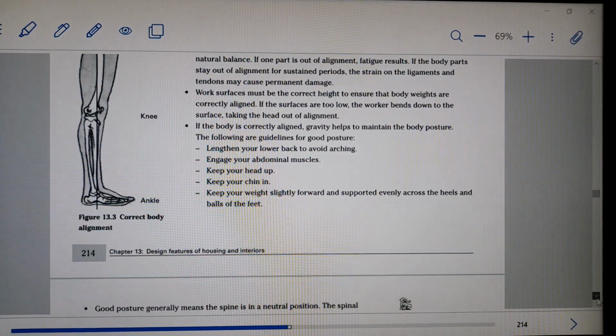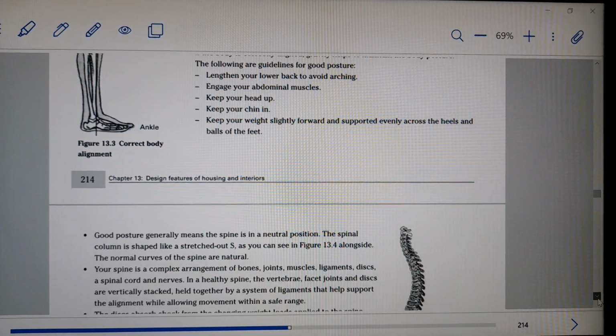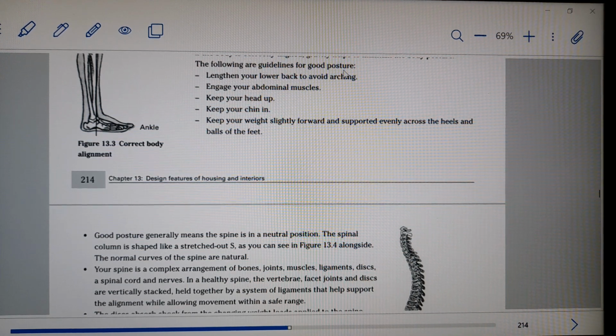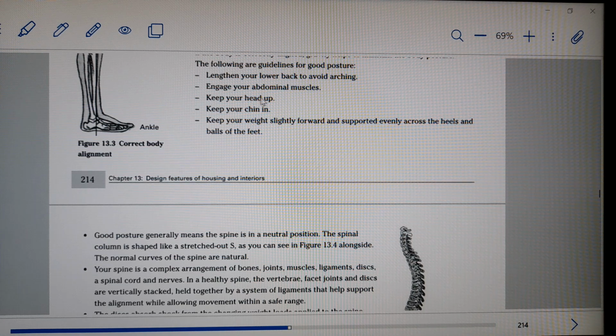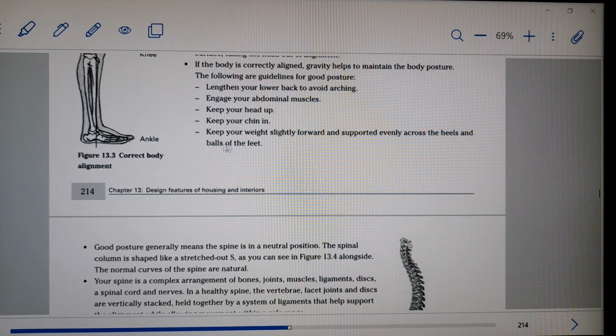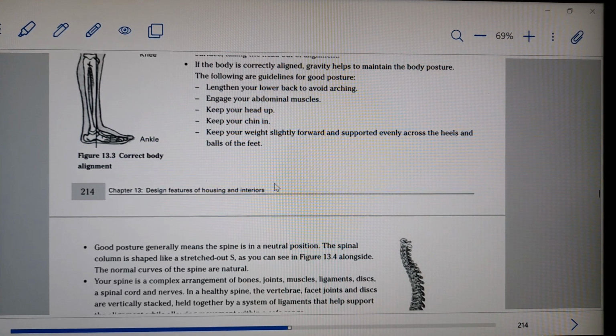Now, let's look at the guidelines for good posture. Lengthen your lower back to avoid aching. Engage your abdominal muscles. Keep your head up. Keep your chin in. Keep your weight slightly forward and supported evenly across the heels and balls of the feet.